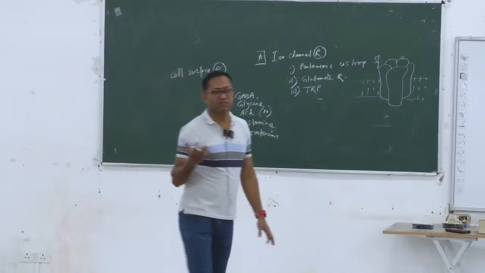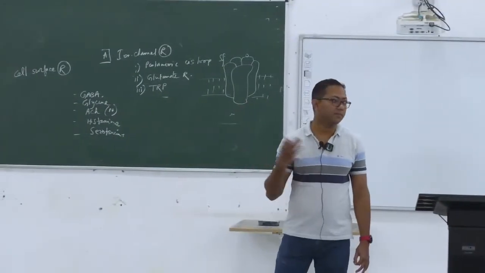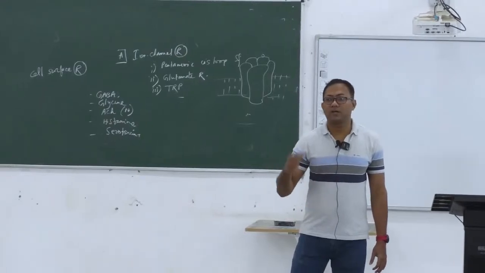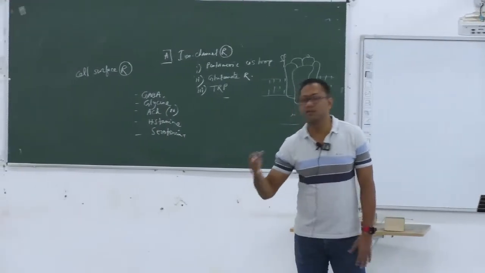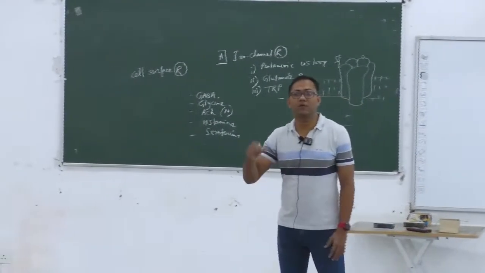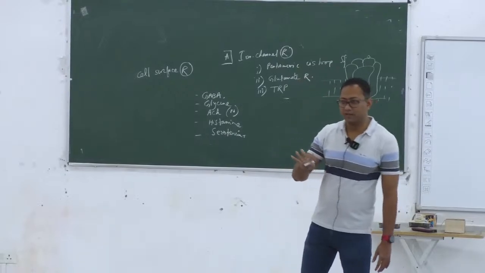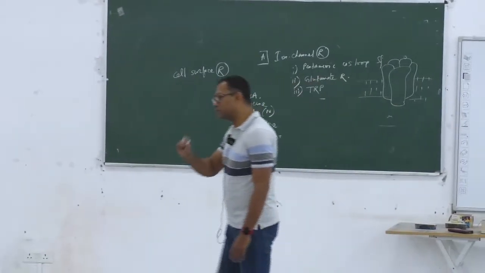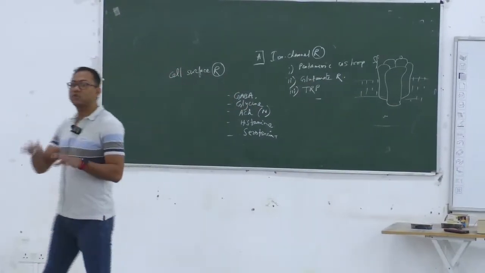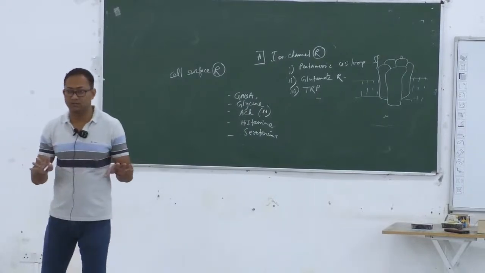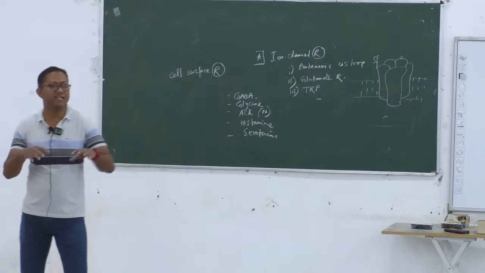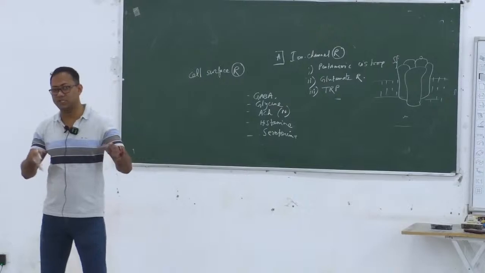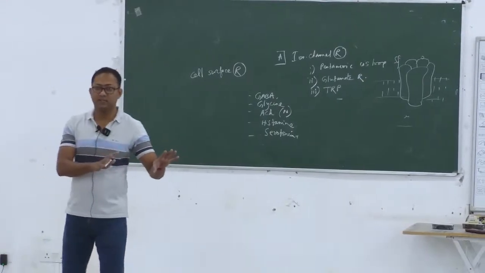When do we use GABA? Any medical application of GABA? I told you GABA is a neurotransmitter which reduces neuronal excitability. That means neurons will be less excitable, so the chances of generation of action potential will be less, right?